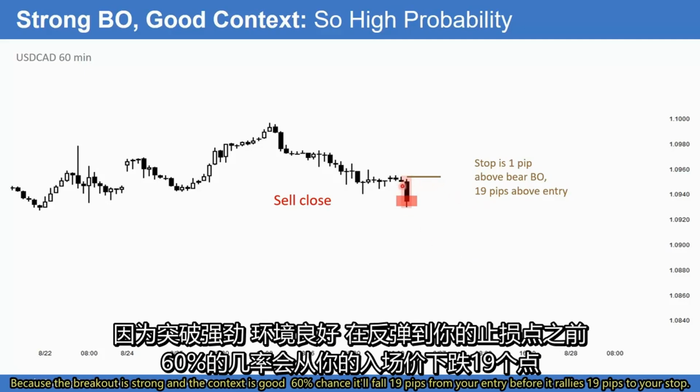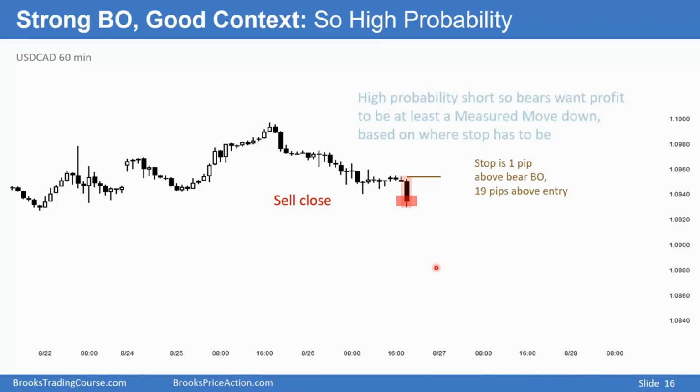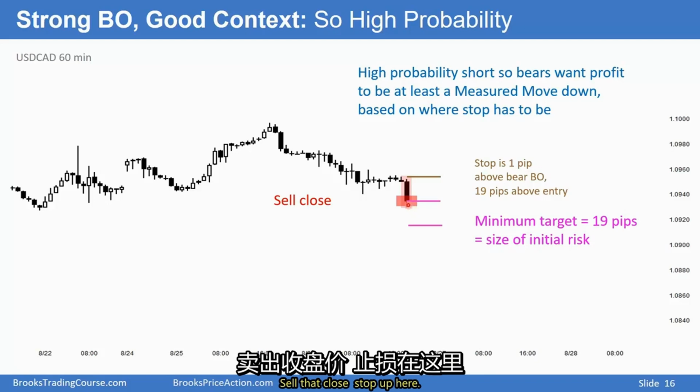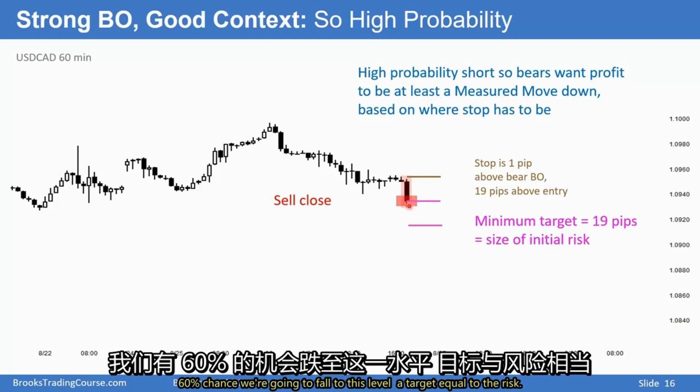Because the breakout is strong and the context is good, 60% chance it'll fall 19 pips from your entry before it rallies 19 pips to your stop. Sell that close, stop up here, 60% chance we're going to fall to this level, a target equal to the risk.